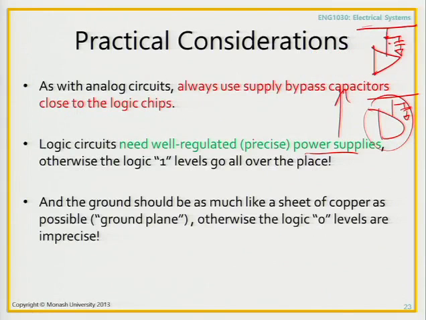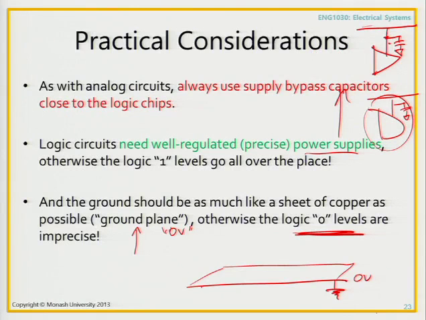And finally, similar to having a well-regulated power supply, you should make sure that the logic zero levels are really, really stable as well. Usually, logic zero is 0 volts, and that usually means you connect it to some sort of ground rail. The best way to do this is to have a ground sheet, just like we talked about with the op amps.